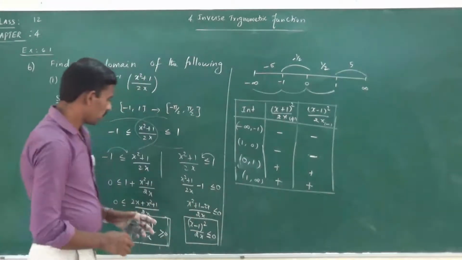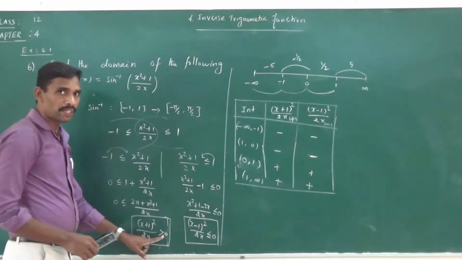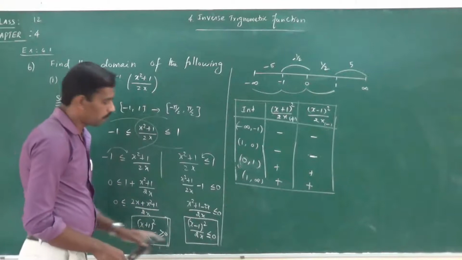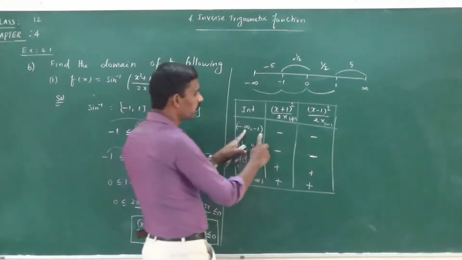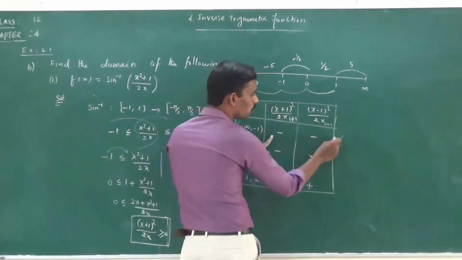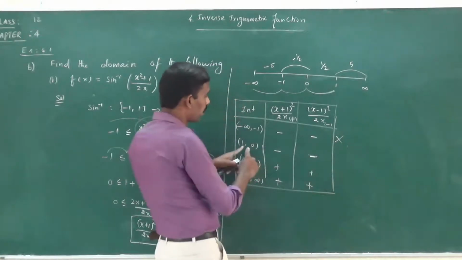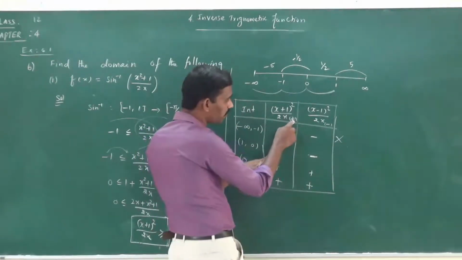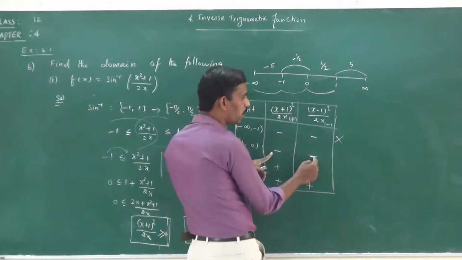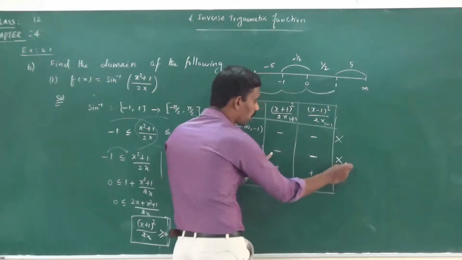Now I want to check: the first row value must be positive, the second row value must be negative. In the first interval, the first is negative, so not applicable. Next, the first is positive as needed, the second is negative, okay, but here the first is negative, so not applicable.